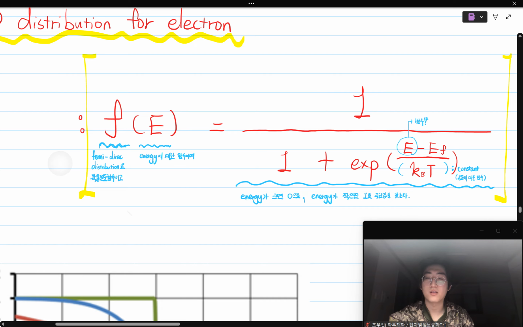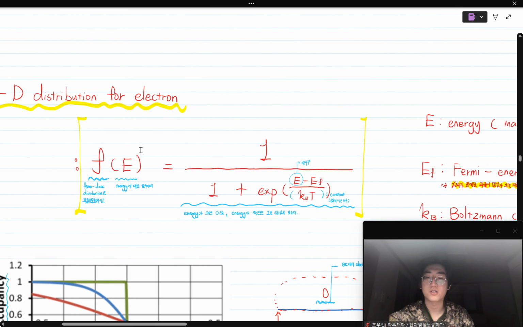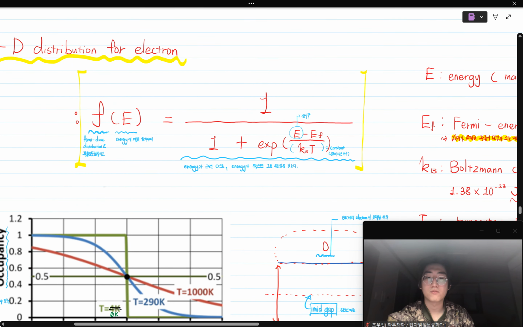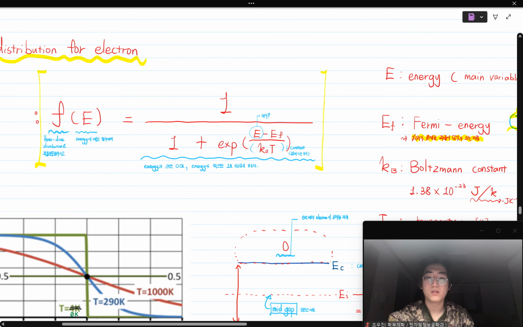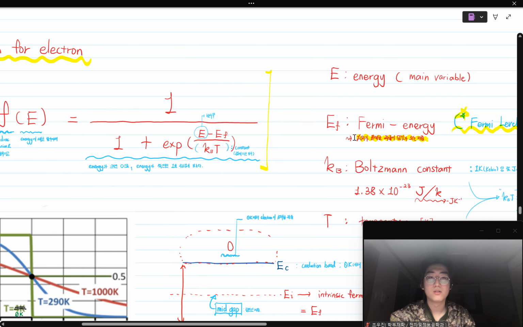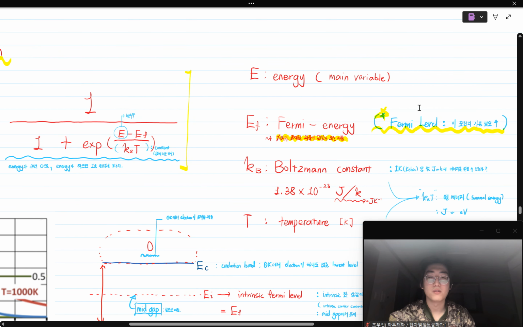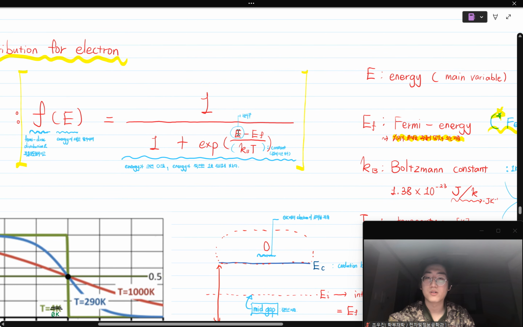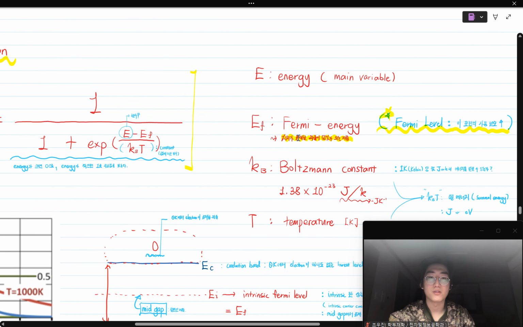and this means a function of energy. This may seem like hard work, but it's not that hard. E means energy, which is the main variable, and EF, which is in here, means Fermi energy.